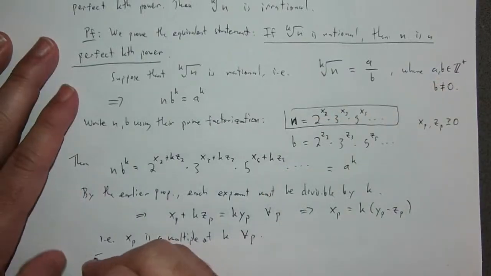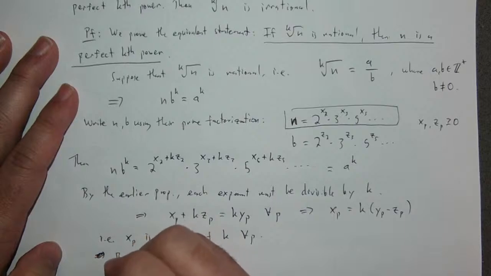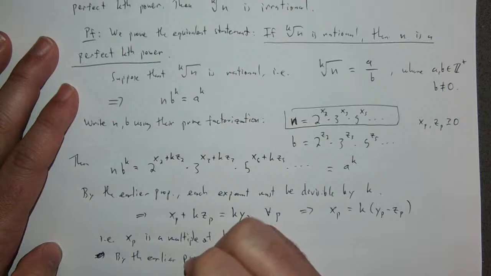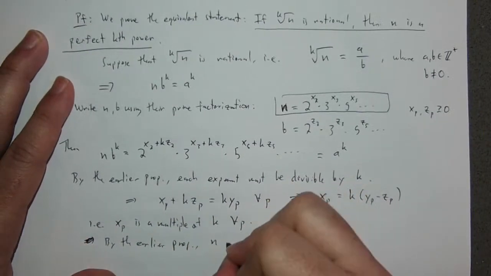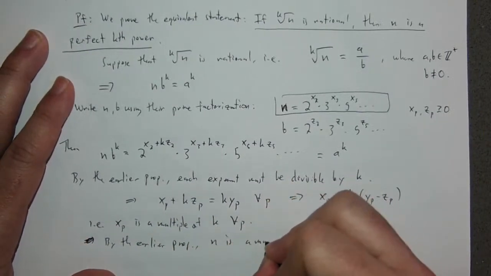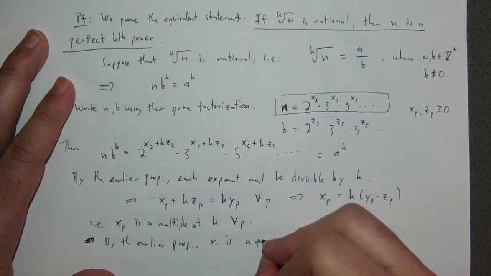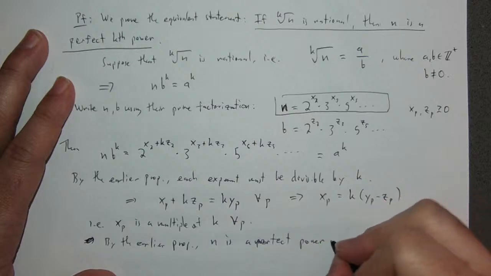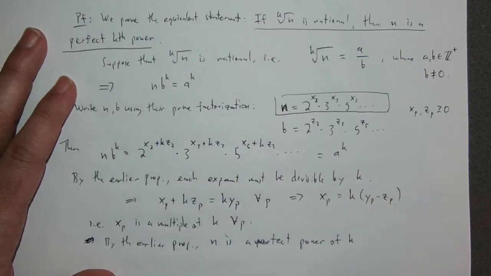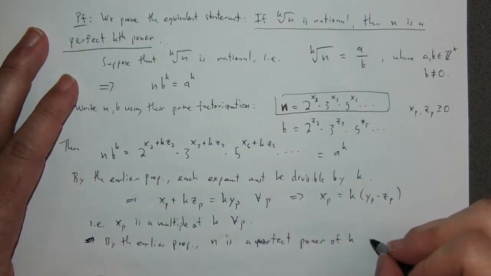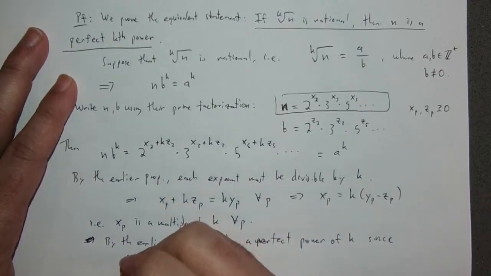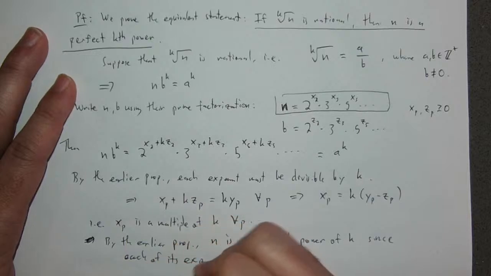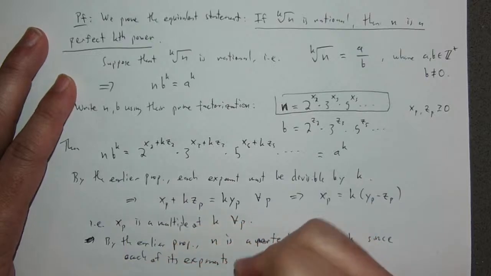So again, by the earlier proposition, n is a perfect kth power, since each of its exponents is a multiple of k.